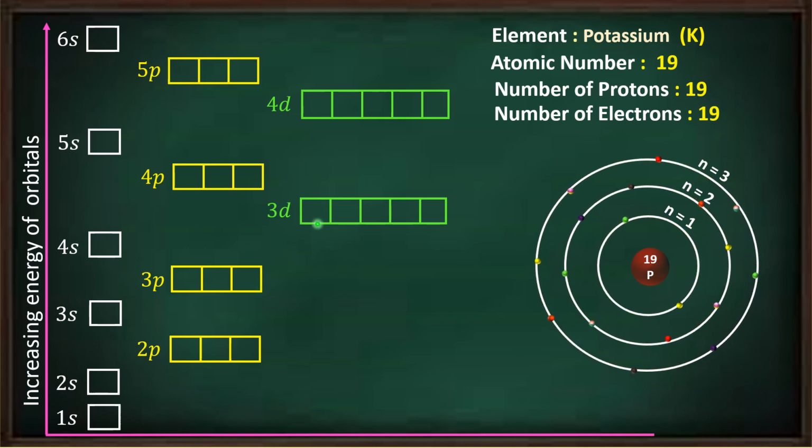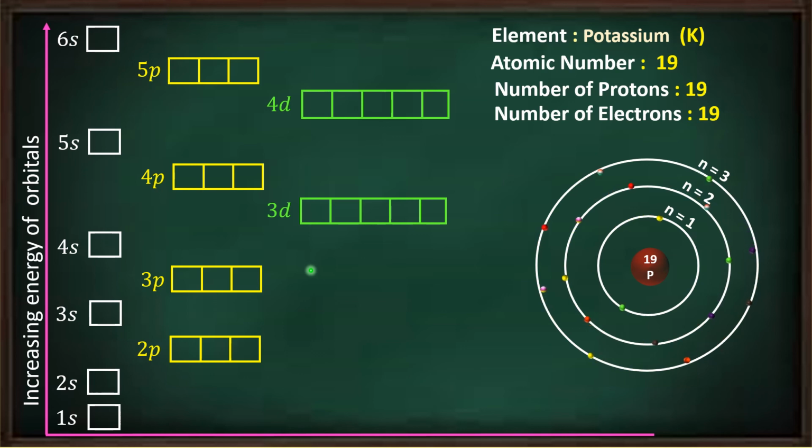Even though 3d orbitals are there in the third orbit, they will not be filled unless 4s is filled, because the n plus l value of 3d orbital is 3 plus 2 is 5, whereas the n plus l value of 4s orbital is 4 plus 0 is 4.